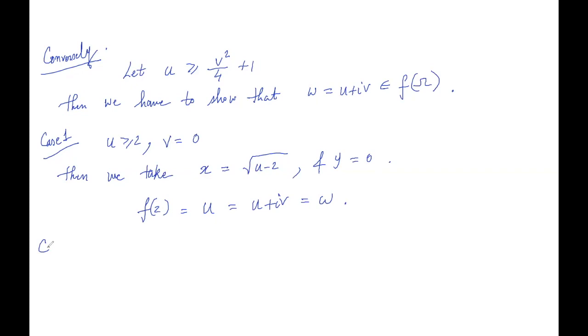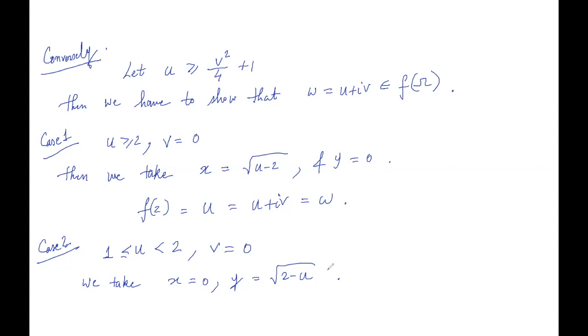Okay, coming to case 2, now we choose our u to be greater than or equal to 1 and less than 2, and again v is equal to 0. And now we take x to be equal to 0 and y to be equal to root of 2 minus u.